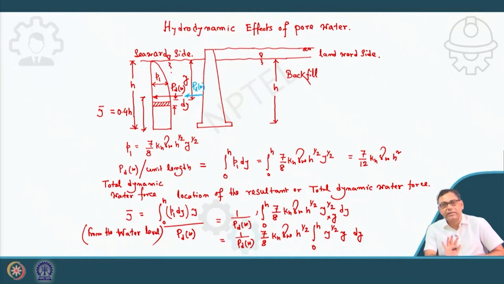Now, on the seaward side, it is clear how to calculate the dynamic water force, which I have discussed, and how to locate the point of application of that force. Now, what about the backfill side? How will this force act, and whether we will consider it or not? On the seaward side, the water is in a free condition. Water can easily flow and hit the wall. We are putting the pressure in the direction that gives the worst condition.